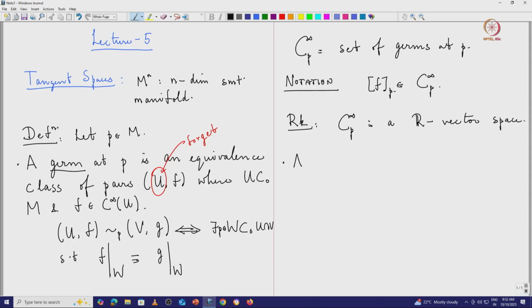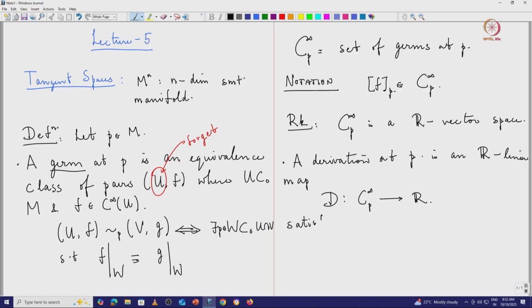So now a derivation at P is an R linear map. It's sometimes denoted by D. So this is an R linear map on the set of germs. So in other words, it's a linear functional on the set of germs, which also satisfies the following Leibniz rule.